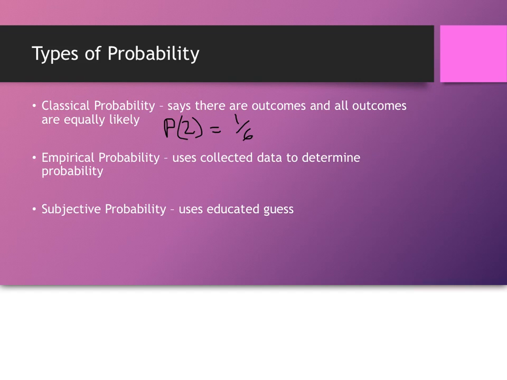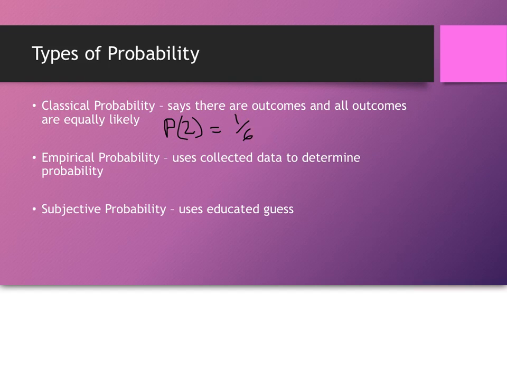It says if we have a 6-sided die, all of the outcomes are equally likely. And so to get my probability, I take however many things were in my event and divide it by the total number of outcomes. So all my outcomes in my event divided by the total number of outcomes.